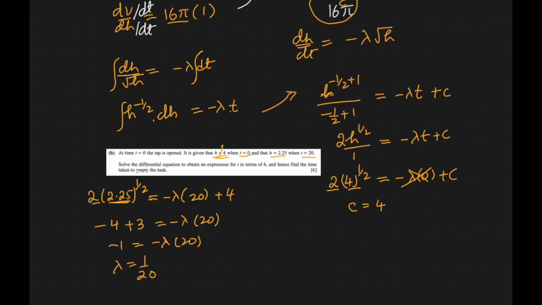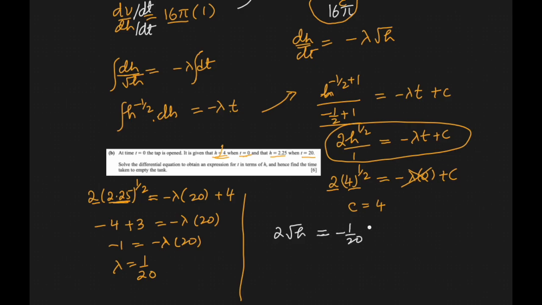Hence find the time taken to empty the tank. That means volume becomes 0 or height becomes 0. Alright. So what does our equation become? What was our equation? This was the equation, right? 2 square root h equal to minus 1 over 20, which is lambda, t plus c is 4.